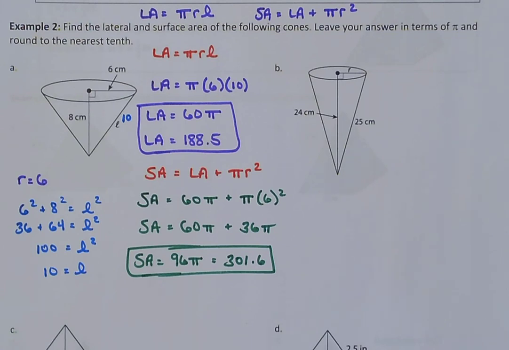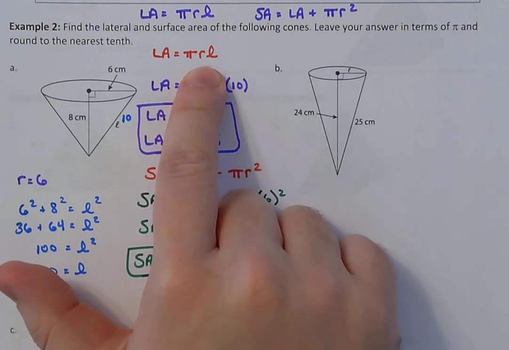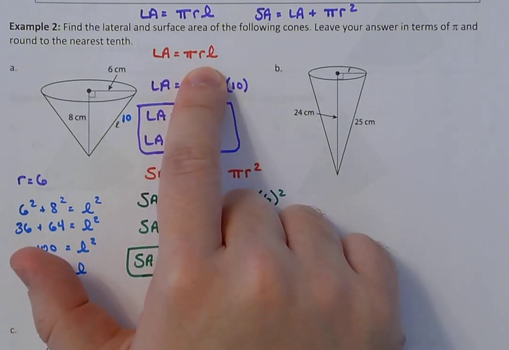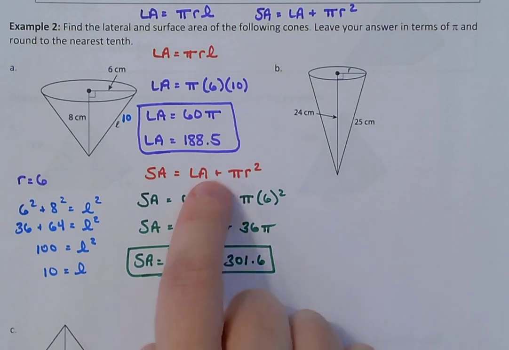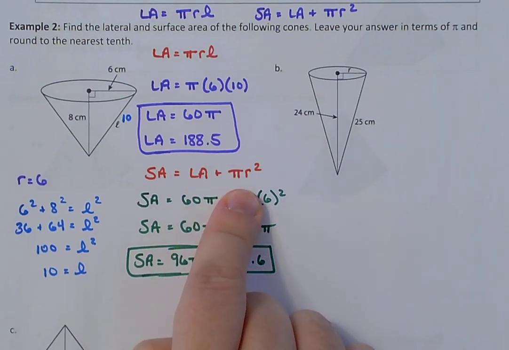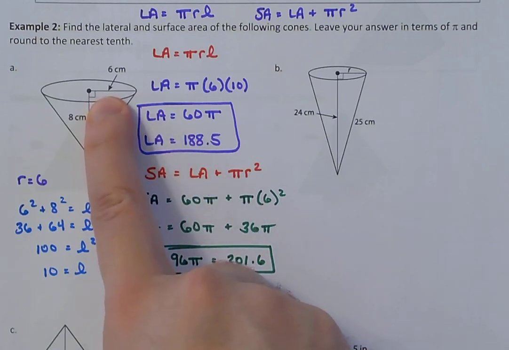So that is how you go through and figure out your lateral and surface area of cones. Your lateral area is pi r L, so pi times the radius times the slant height. Your surface area is your lateral area plus pi r squared, because pi r squared is the area of our circular base.